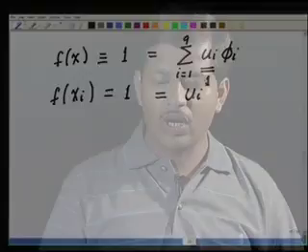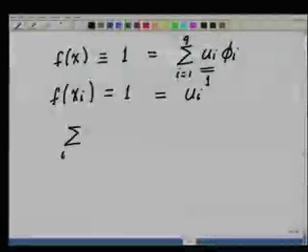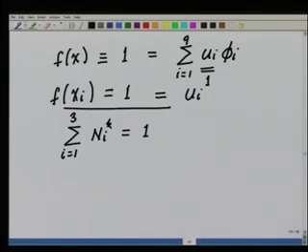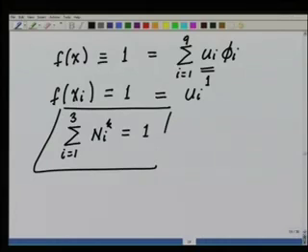If the u_i's are all 1, then what we get is the sum of the phi_i's is equal to 1. And this is also true in the element. The same thing applies in the element. So in the element, the sum of the shape functions, i equal to 1 to 3, is equal to 1.